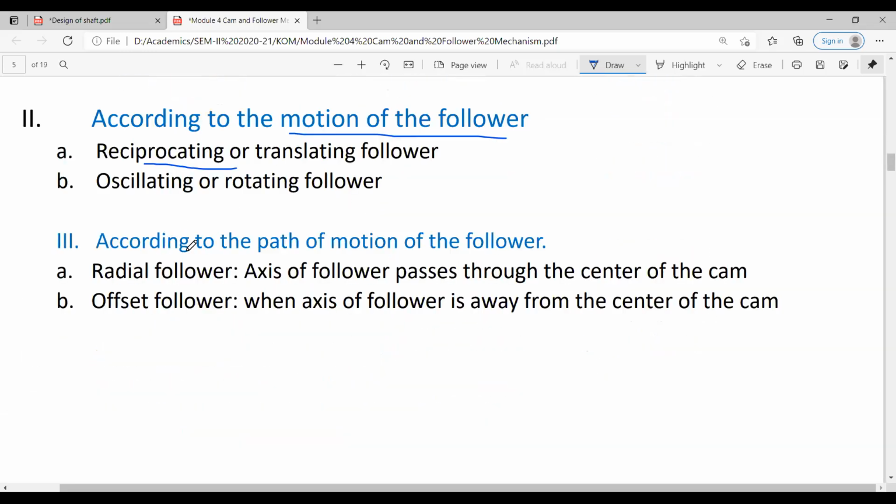Next is according to the path of motion of the follower. According to it, there are radial followers and offset followers. In a radial follower, the axis of the follower, meaning the path along which it will reciprocate, passes through the center of the cam.